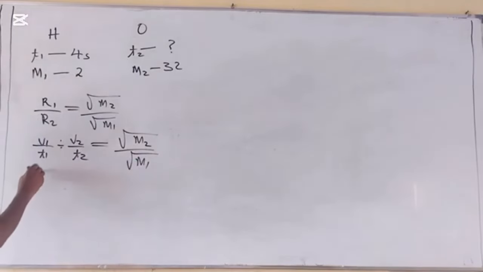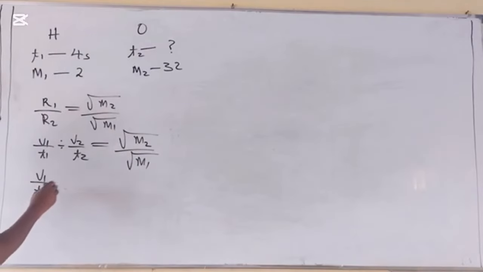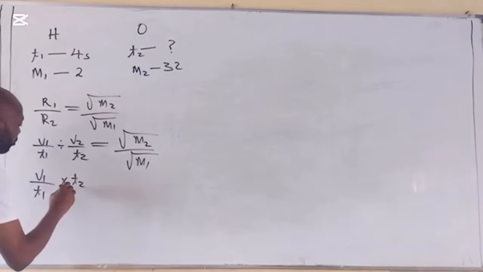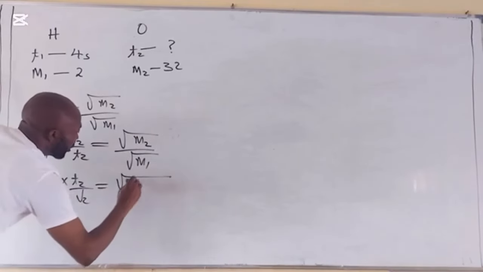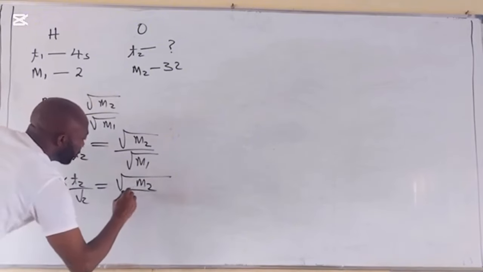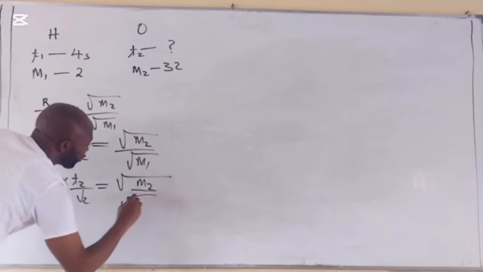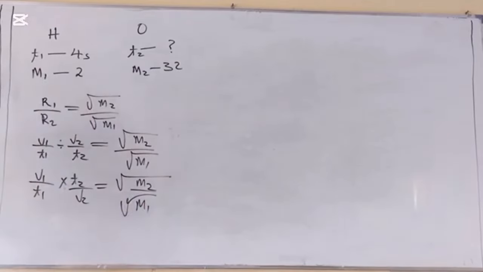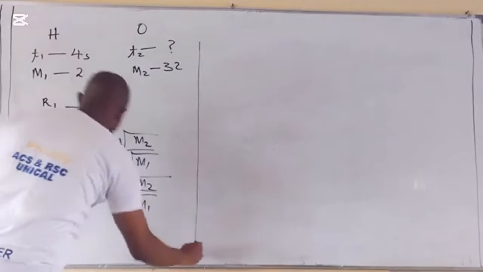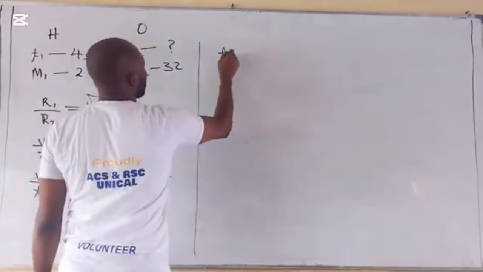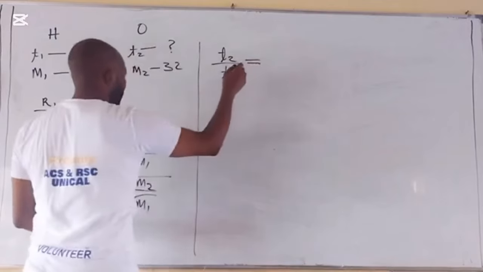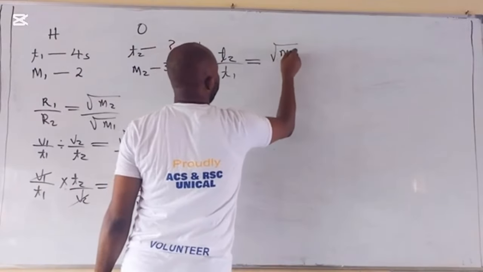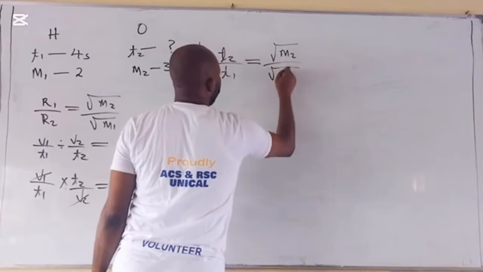If I change this, V1 over T1 times T2 over V2 is equal to the root of M2 over the root of M1. The volumes cancel, and I will have T2 over T1 equal to the root of M2 over the root of M1.